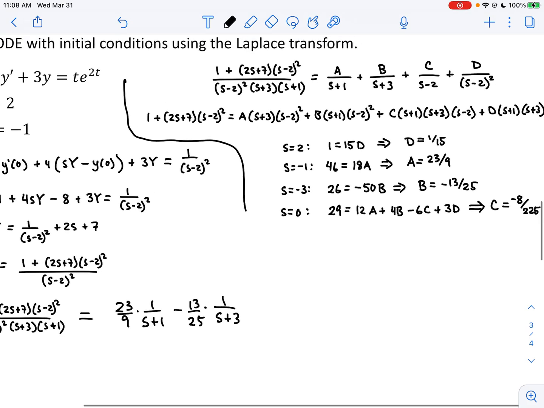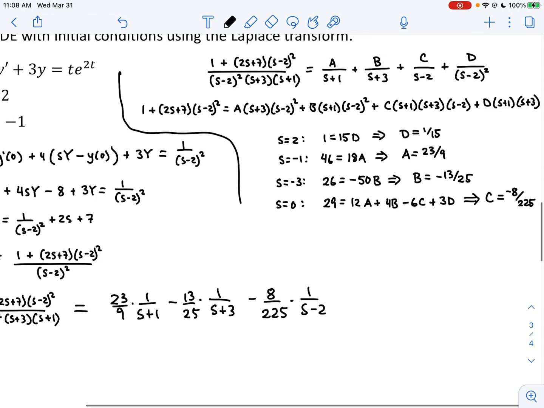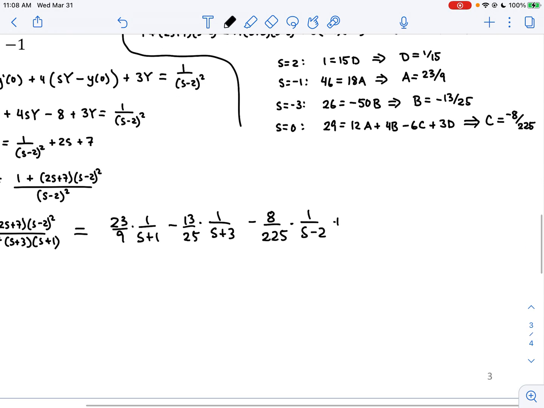And then c is over s minus 2. C was negative 8 2/25 times 1 over s minus 2. And then finally, the d is 1/15, so plus 1/15 times 1 over s minus 2 squared.